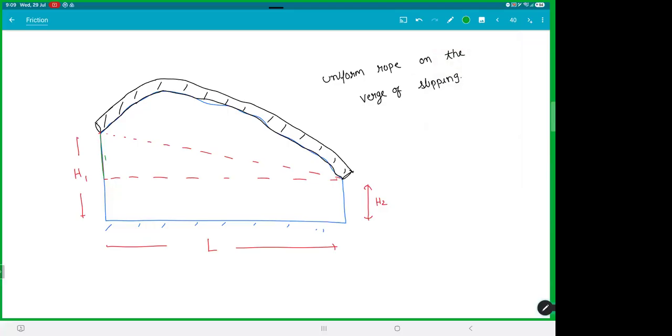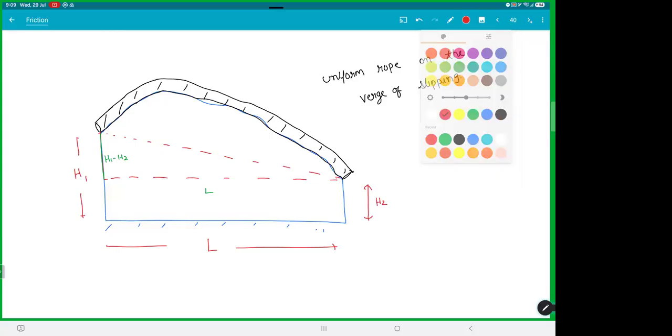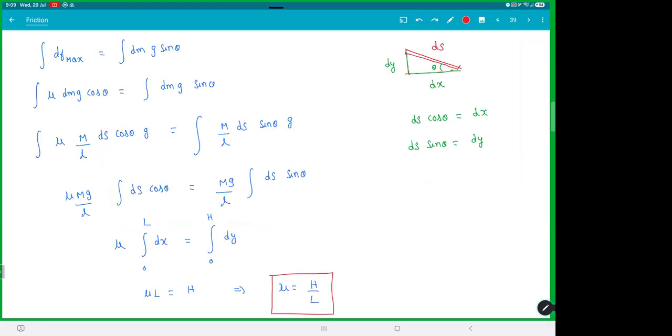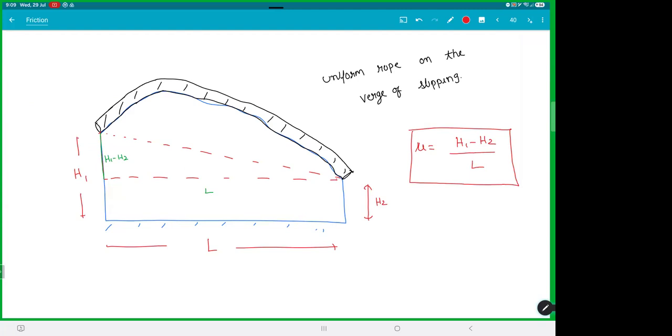This will be h1 minus h2, and this will be L. Mu is equal to the difference in height between the two corners by the horizontal length between them. This is your answer for any shape, because the previous result I derived for any random shape. So it works. All clear with this thing?